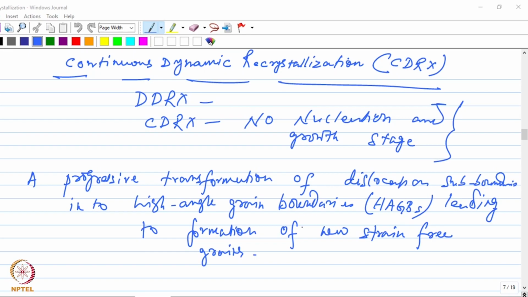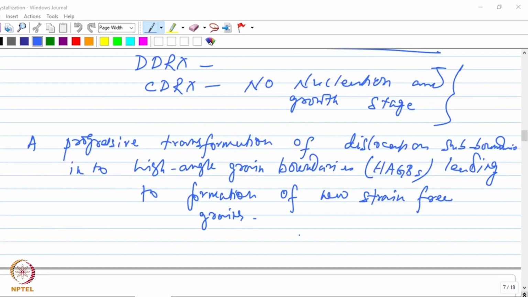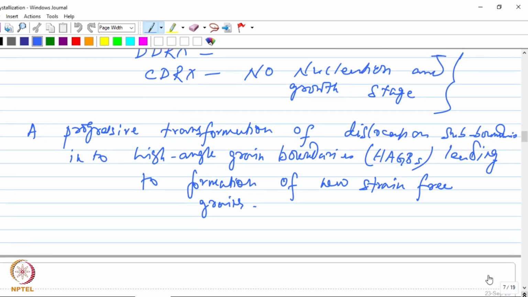For this to happen, the dislocations have to cross slip to be able to join these boundaries. Therefore, CDRX will be prevalent in materials having high stacking fault energy, which promotes cross slip of dislocations. Once these boundaries form, more and more dislocations will accumulate along them and increase the misorientation across them.